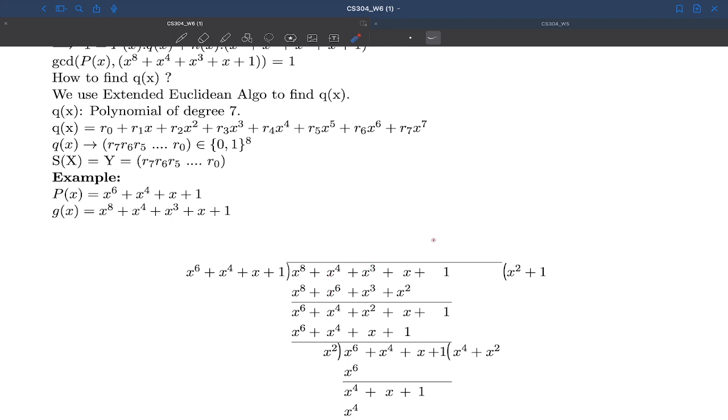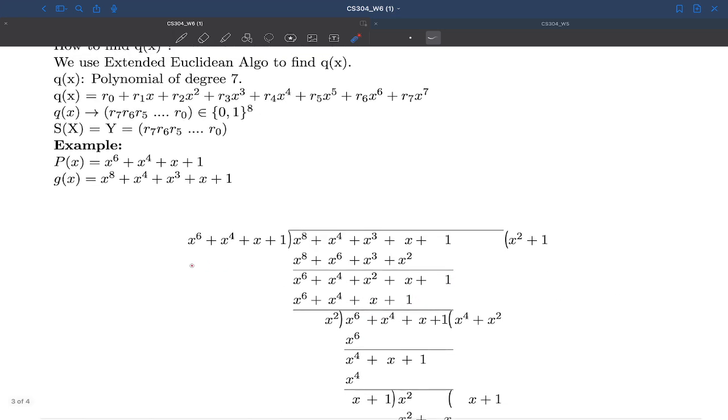Now the coefficient of x^6 is 0 in this dividend, and in this term the coefficient of x^6 is 1. So 0 plus 1 is 1, and 1 modulo 2 is 1 only. So I have written just simply x^6. By doing so, you can compute the subtraction of the first term and second term. Doing subtraction and then applying the modulo concept, or just simply adding them, we get the same thing.